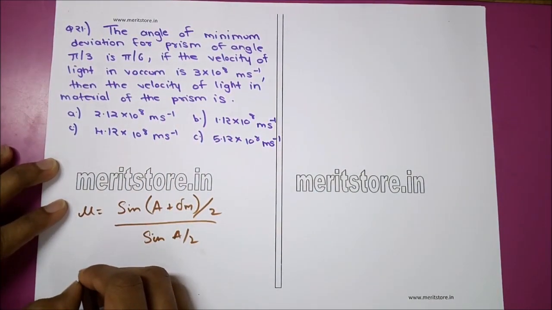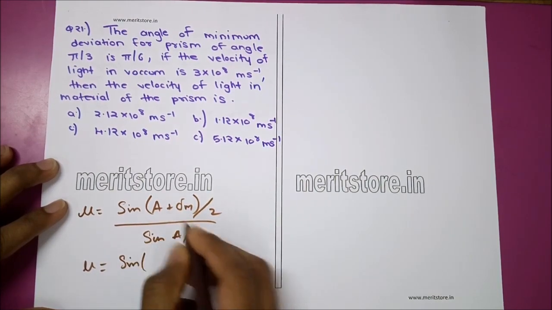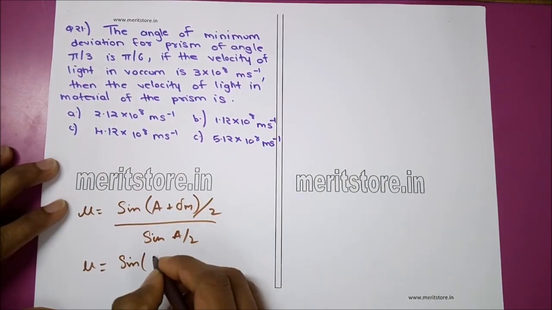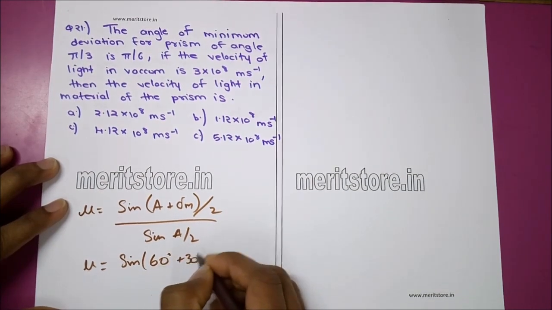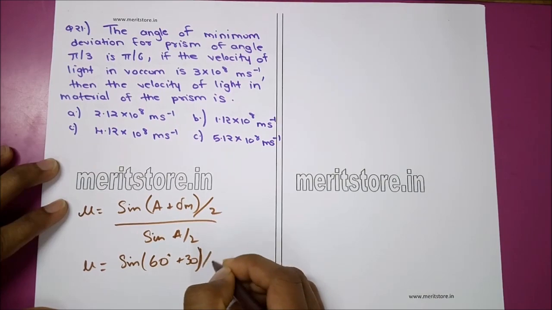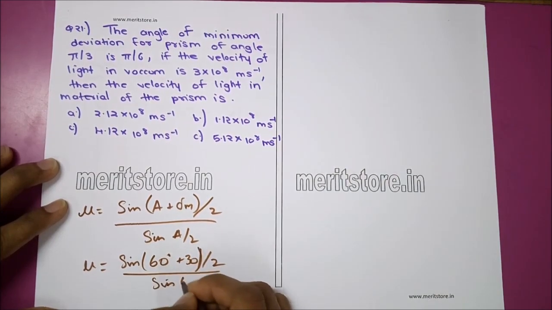So therefore mu is equals to sine of pi by 3 plus pi by 6. Pi by 3 can be written as 60 degree and pi by 6 is 30 degree. So 60 plus 30 upon 2 into sine of 60 by 2.